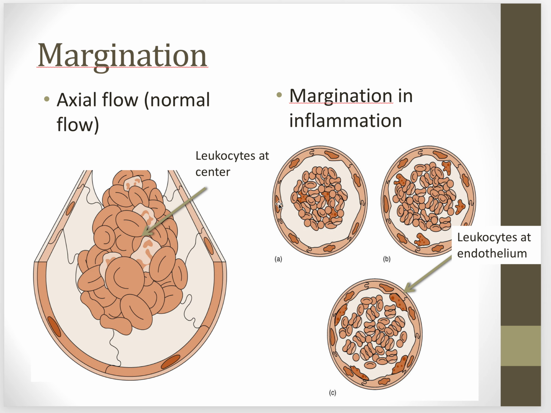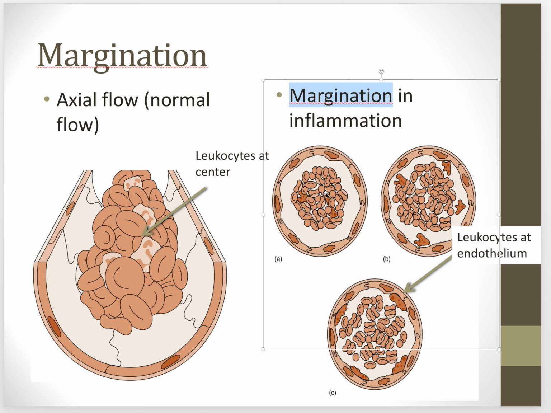When these receptors are expressed, they attract these specialized white blood cells. And the white blood cells are going to start to migrate towards the wall. So we call that margination. Instead of being at the center of the vessel, they move to the margins of the vessel.